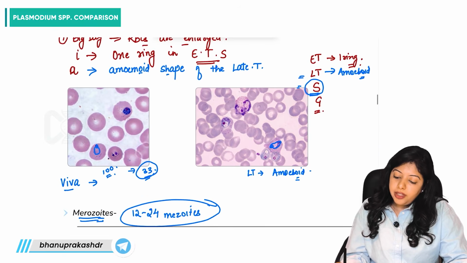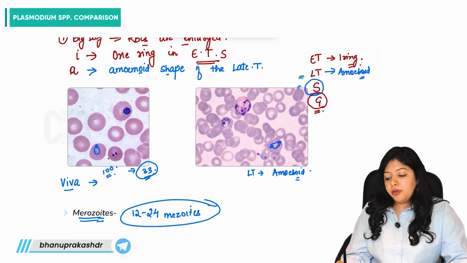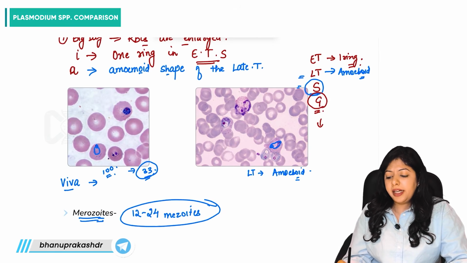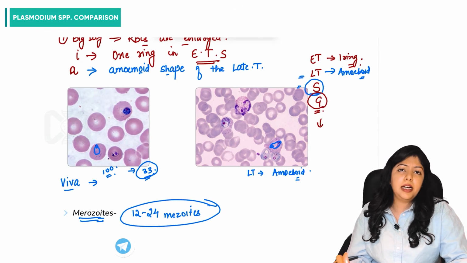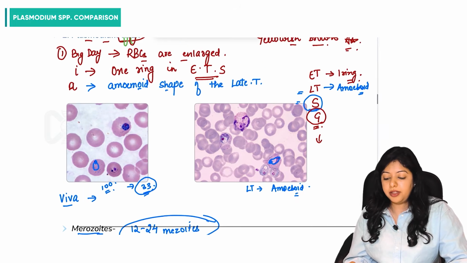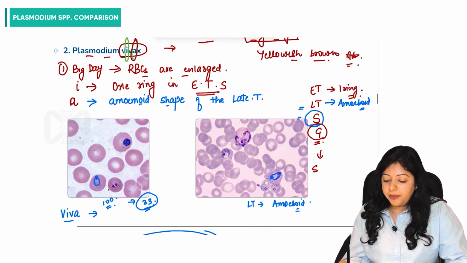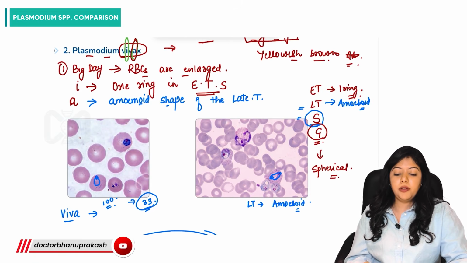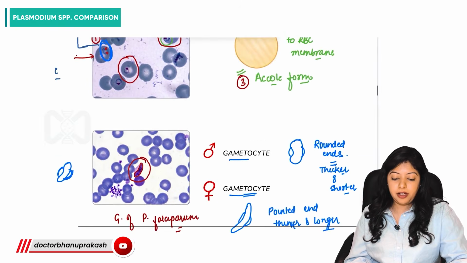So gametocyte, also about the gametocytes is spherical only and it covers almost entirely the RBC, affected RBC, right? It is spherical.